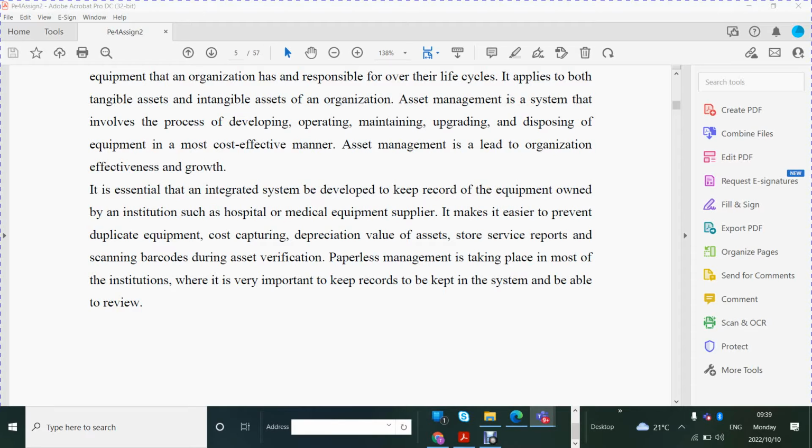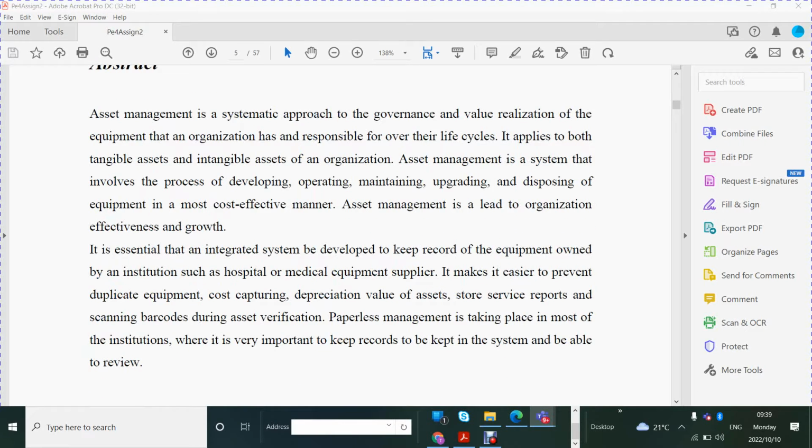So in your abstract, you give us a general introduction, then you tell us what you have done, or if it's a proposal, what you want to do. Then you tell us the methods you used, then the results you achieved, and a short conclusion. Those are the components we must see in an abstract, so that by looking at that one page, I can tell exactly what the whole project is about without having to read the whole thing.